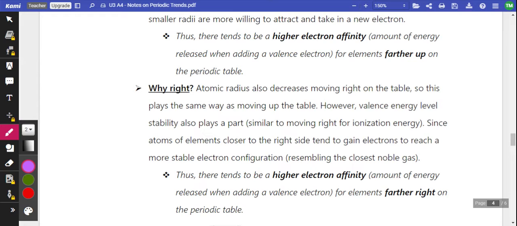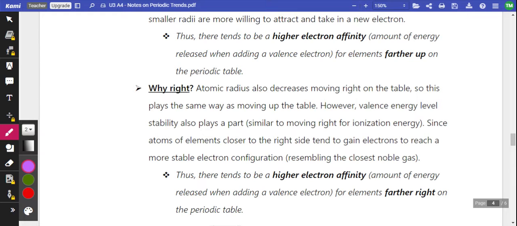Well, if we're looking at how much energy is released as things become more stable, and these guys on the left side of the periodic table are trying to lose electrons, forcing them to gain an electron is not going to be all that useful to them. So they're not going to give a lot of energy back out. It's just not a good time.